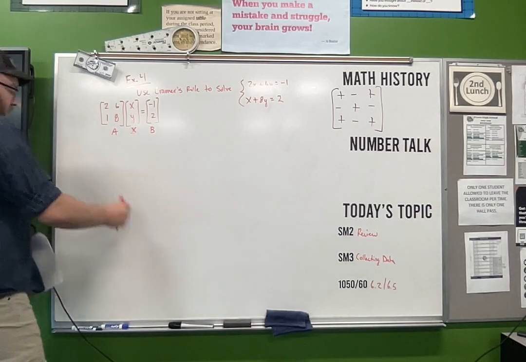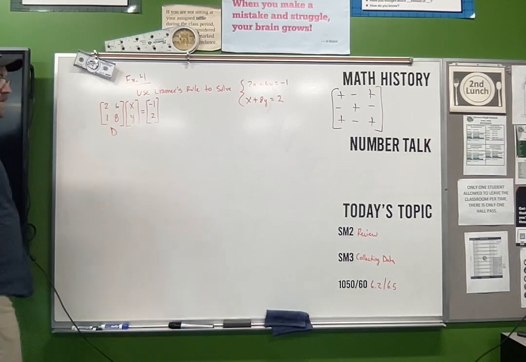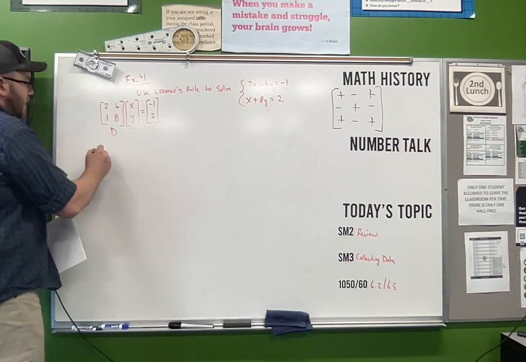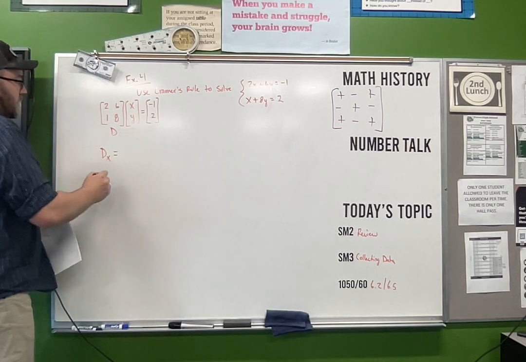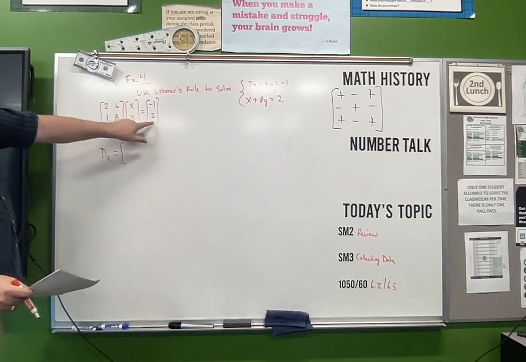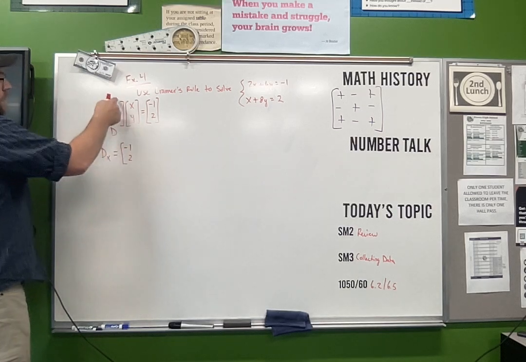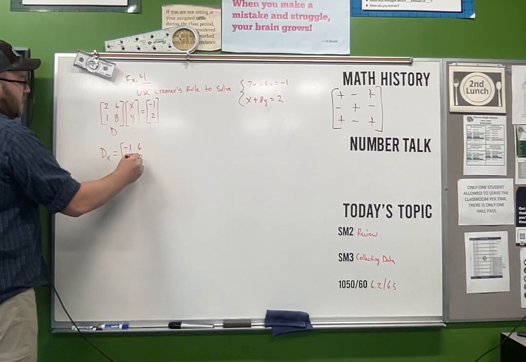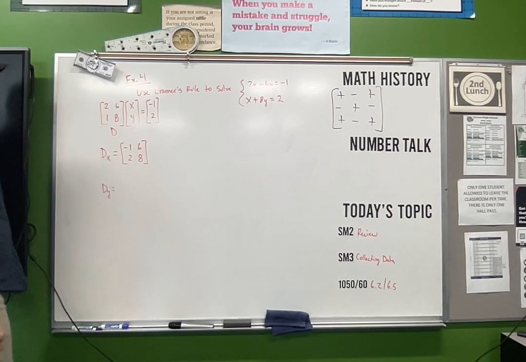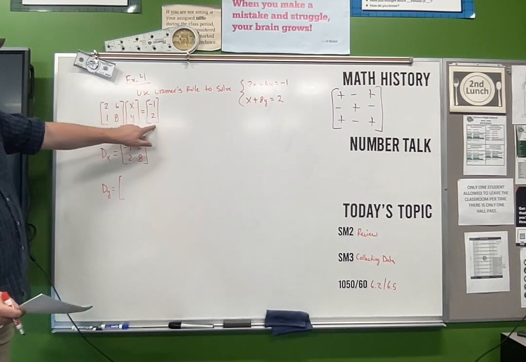Or let's call this matrix D, because that's how our definition was done. Okay. So this is matrix D. Let's figure out matrix D sub x. Well, matrix D sub x is you take the x column and you replace it with the solutions. So instead of 2, 1, it's going to be -1, 2, but the y's stay the same, so 6, 8. Let's figure out D sub y. So D sub y is you take the y column and replace it with the solutions.